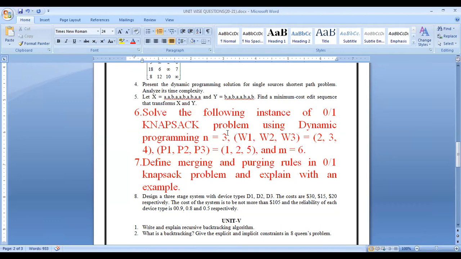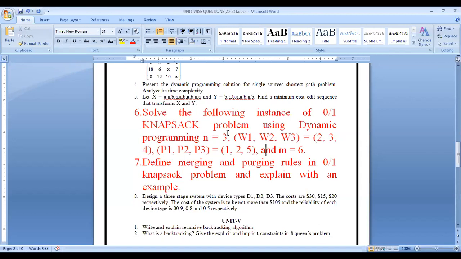Size of the table. So we are using 3 items. 3 items means 3 plus 1, n plus 1. That is 4 rows in the table. And the profits are 1, 2, 5, and weights are 2, 3, 4. What is the capacity of the knapsack bag?